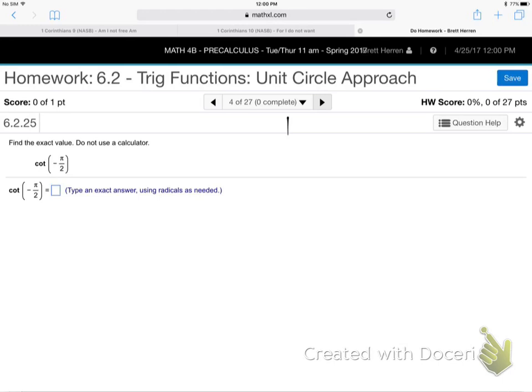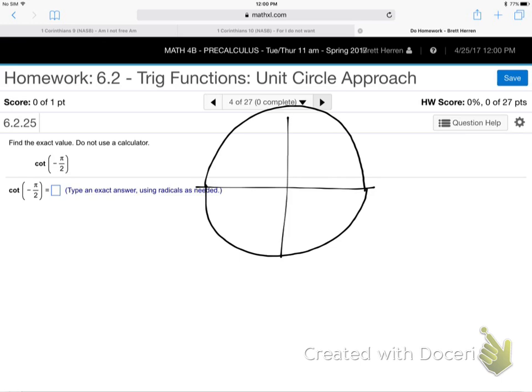Okay, so draw yourself a unit circle. Unless you just think really well naturally in radians, then that's fine. Go ahead and just find the spot that is at the angle negative pi over 2 radians. But probably for most people, it'd be easier to change that to degrees. How do we change that to degrees?